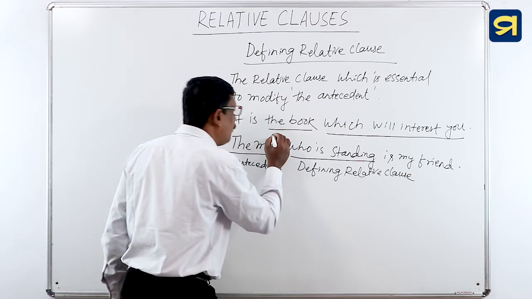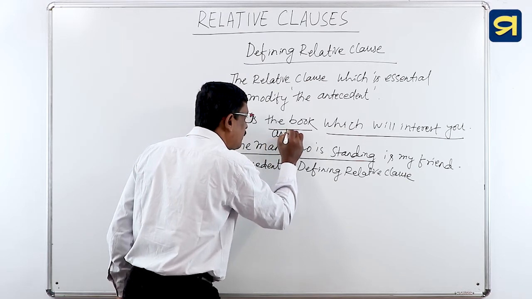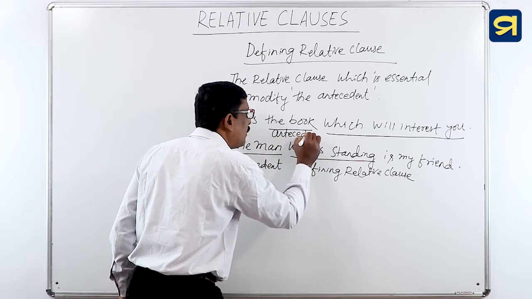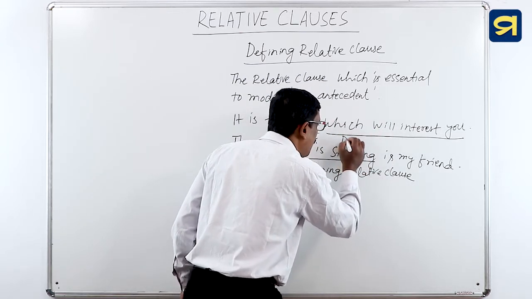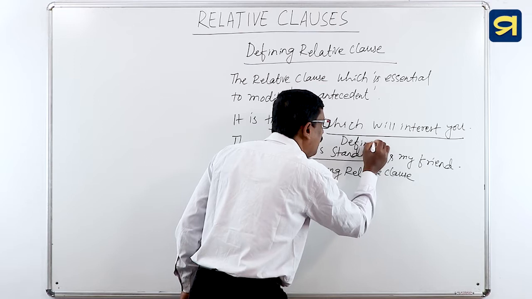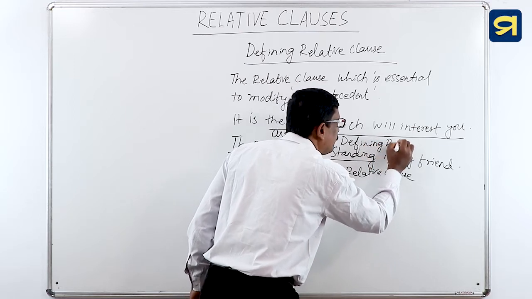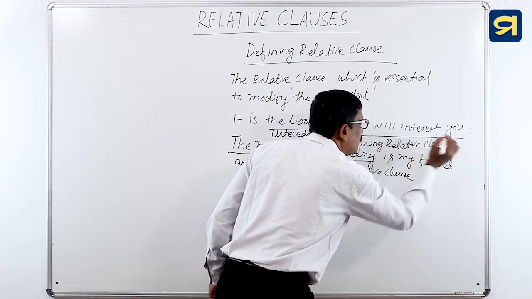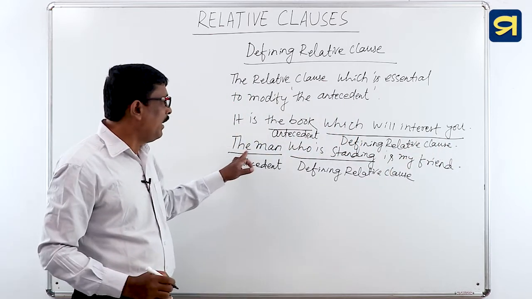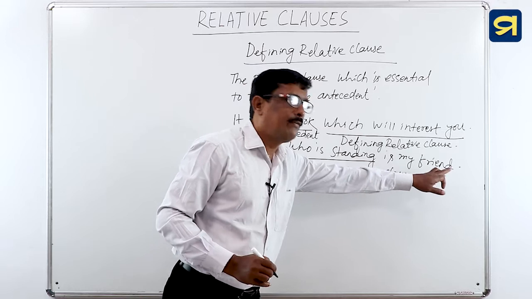And in the first example, the book is the antecedent, and which will interest you is the defining relative clause. The man who is standing is my friend.